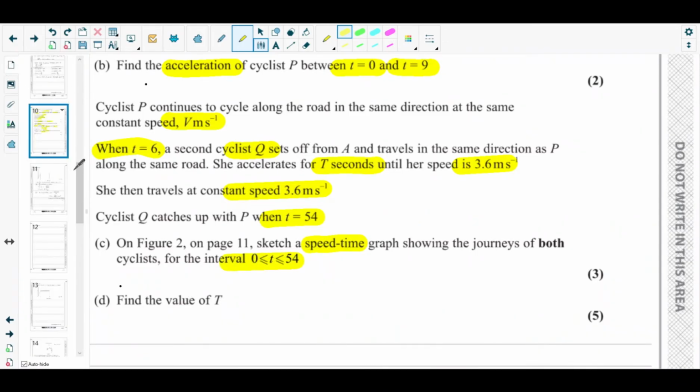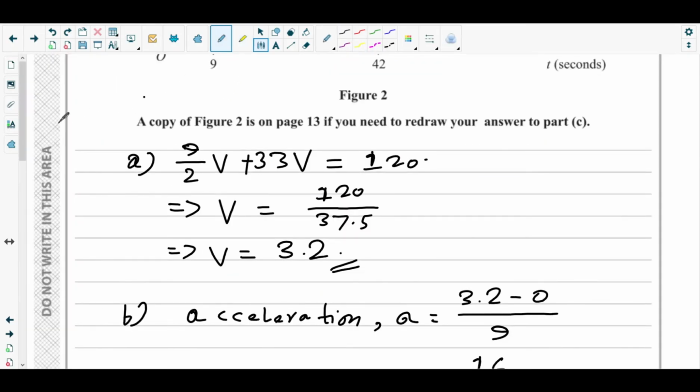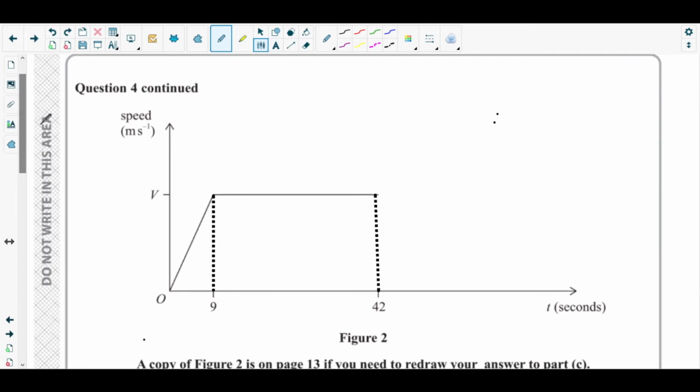On figure 2 we need to sketch the speed time graph for cyclist Q, since for cyclist P it's already given.